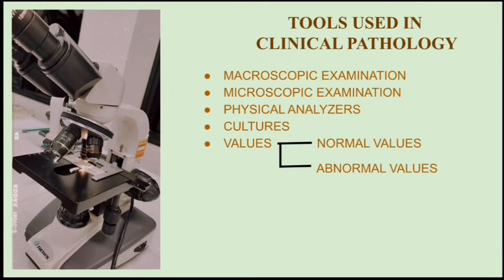Physical analyzers are used to physically analyze the specimen obtained from the human body. Cultures are the growth of bacteria or any microbes present in the human specimen. And values indicate the normal values, like blood count, RBC count in blood, and abnormal values of RBC are seen under values.